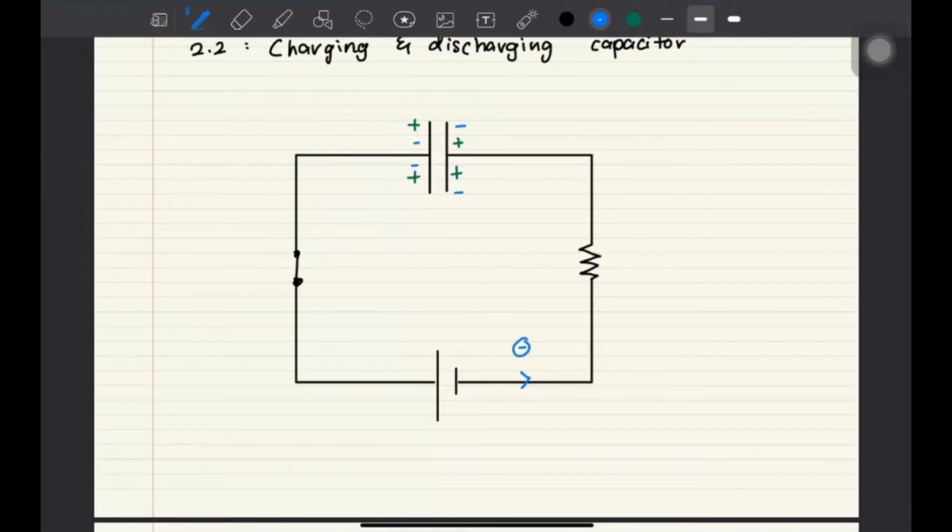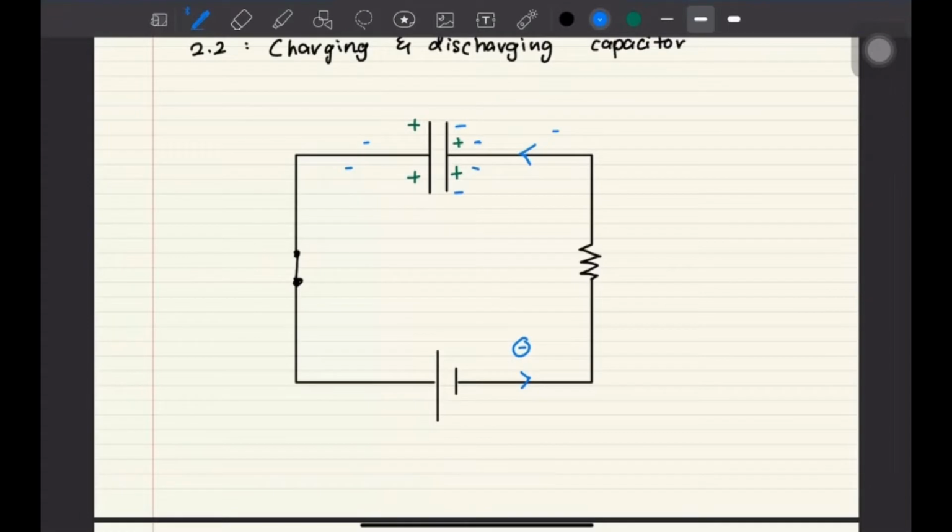Okay, so when it closes, that first moment you have influx of electron. Many electrons will move from the negative terminal and go to the other side. So initially the electron will gather over here. Okay, so when there are electrons there, the electrons on the other side will be pushed away. Why? Because there is already a lot of negative charge there, so the negative will repel.